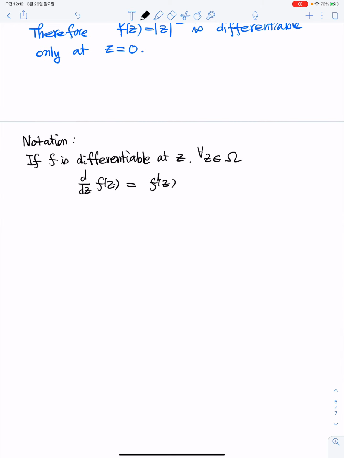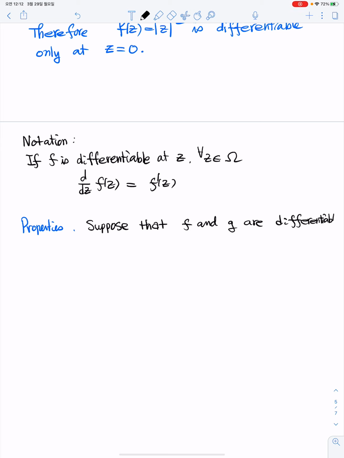So here are the properties. I'm not going to prove all the properties. Suppose that f and g are differentiable at z0, or for every point, differentiable in omega.